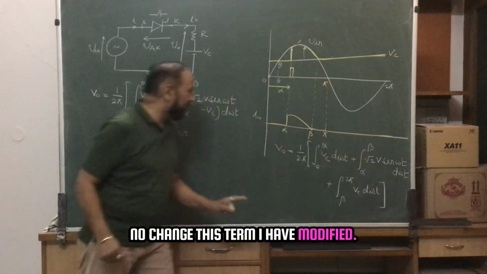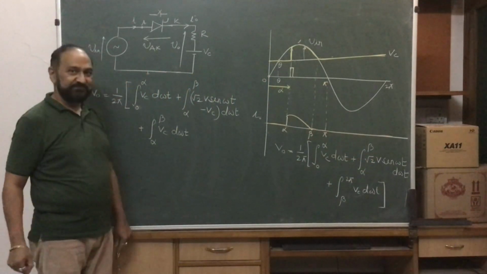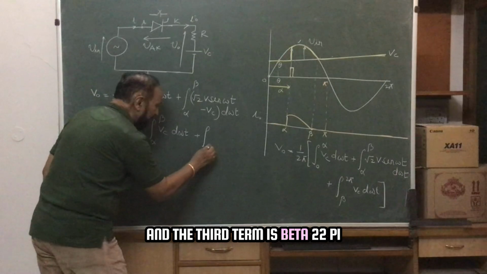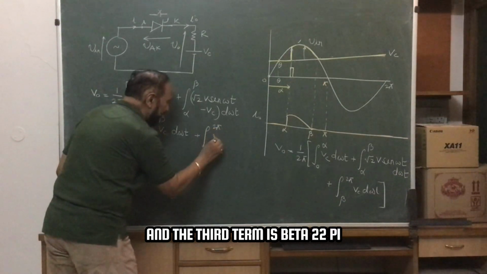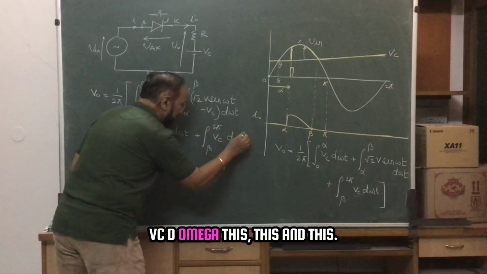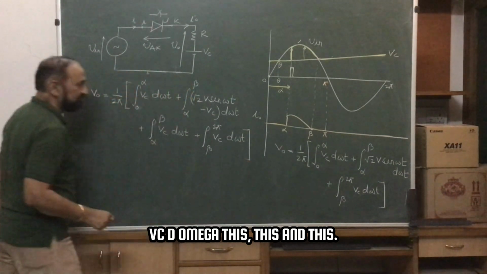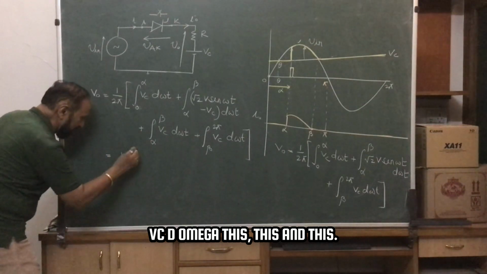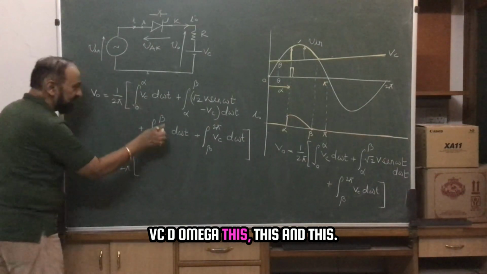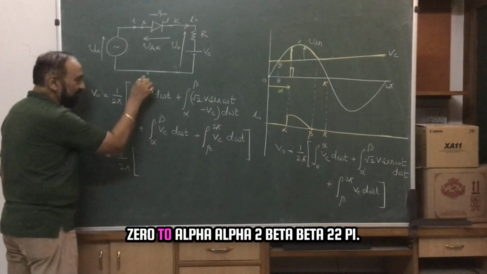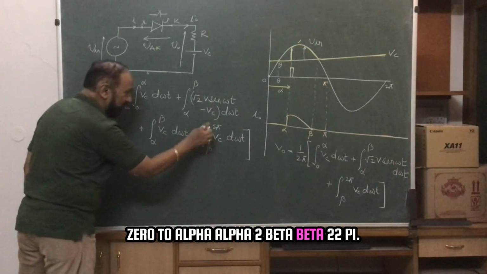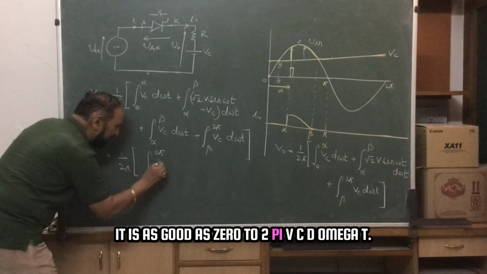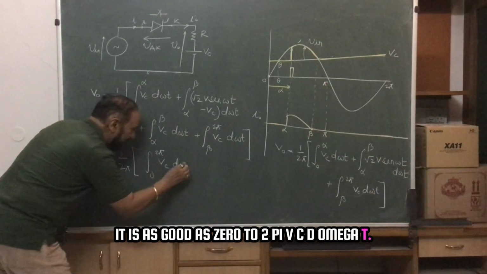This term I have modified, and the third term is beta to 2 pi Vc d omega t. This and this, 0 to alpha, alpha to beta, beta to 2 pi, it is as good as 0 to 2 pi Vc d omega t.